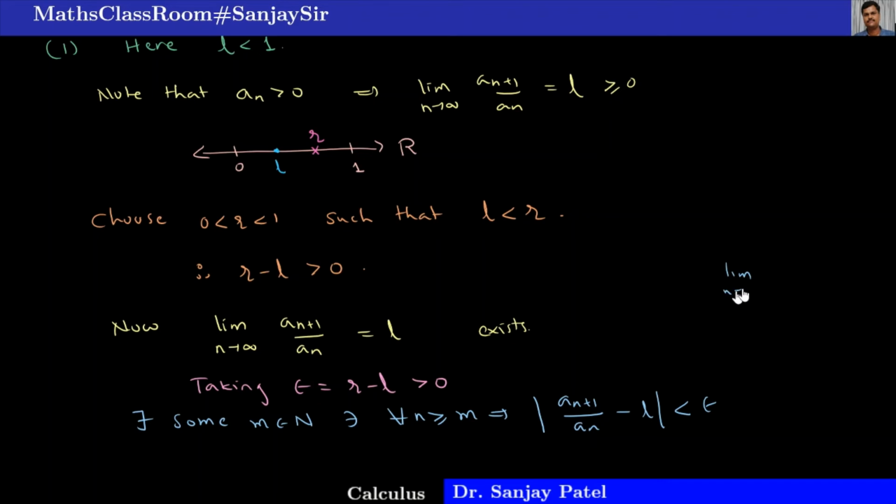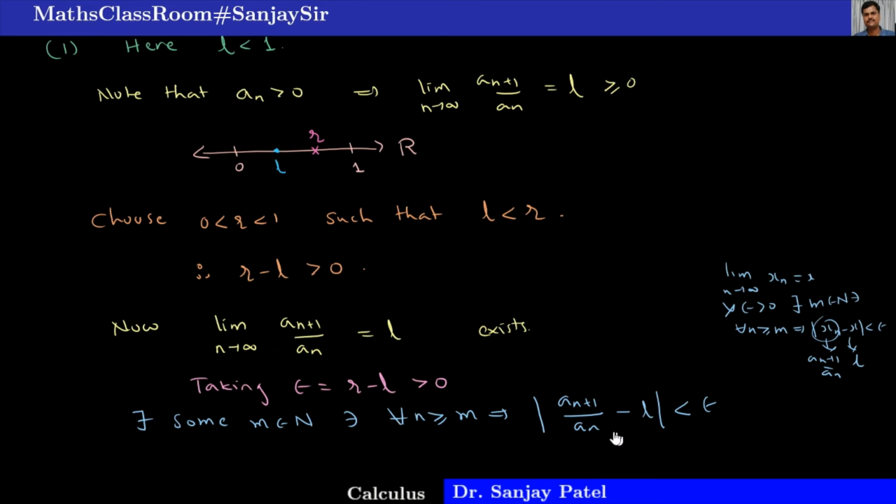The limit as n tends to infinity of xn is equal to x means for every epsilon we can always find some m belonging to n such that whenever n is greater than or equal to m implies mod of xn minus x is less than epsilon. Here this xn is the sequence an plus 1 upon an, and this x is the limit L, and this epsilon, which is arbitrary, I am taking as r minus L, which is a positive real number.